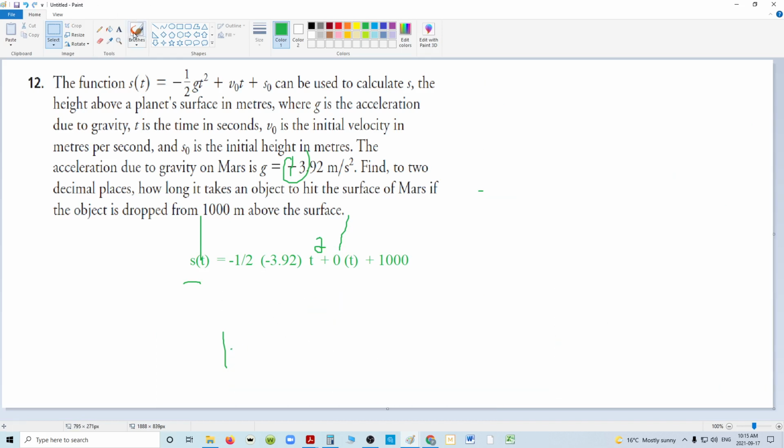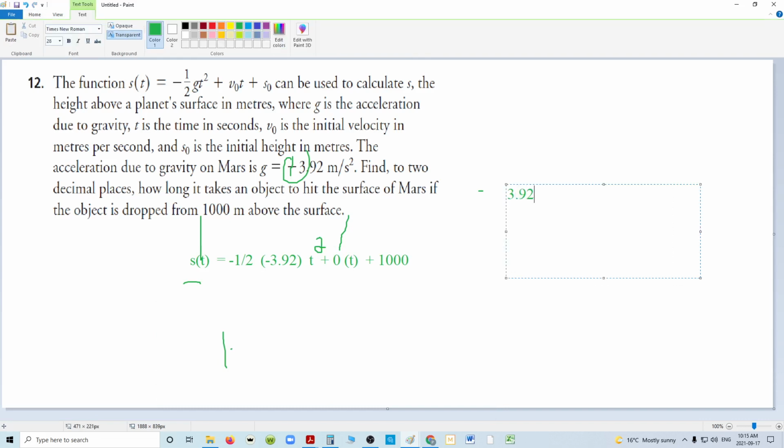So I believe what we're left with is supposed to be 3.92 t squared is equal to 2,000. Therefore, t squared is equal to 2,000 divided by 3.92. Therefore, t is equal to plus or minus, but we're only interested in the plus. So we go with the plus square root of 2,000 divided by 3.92.